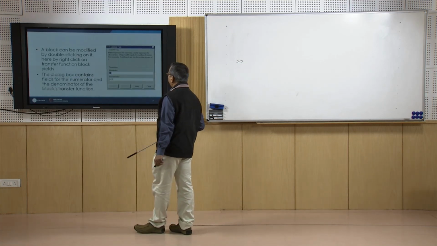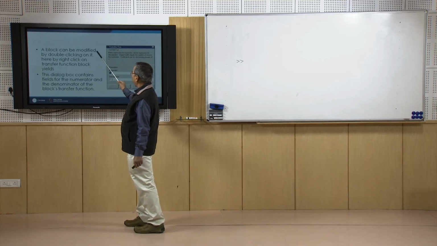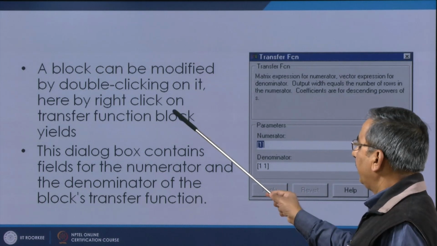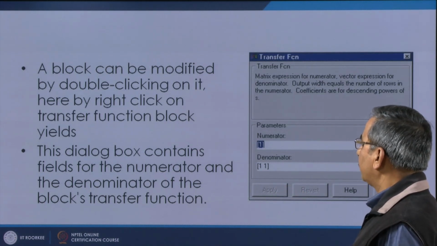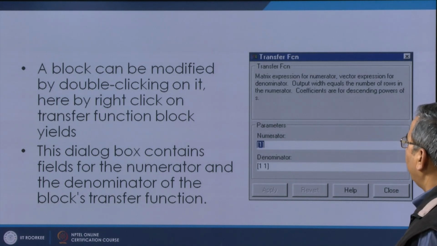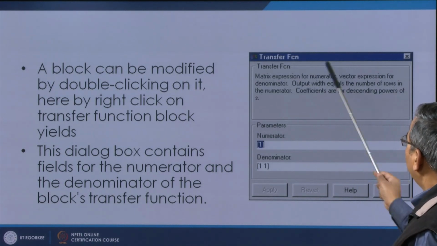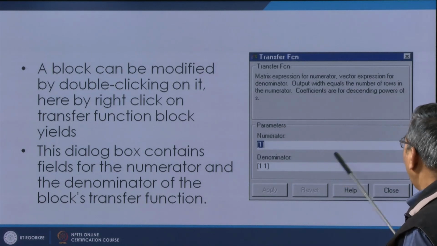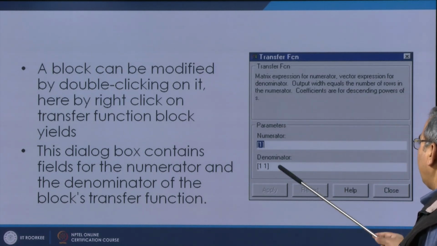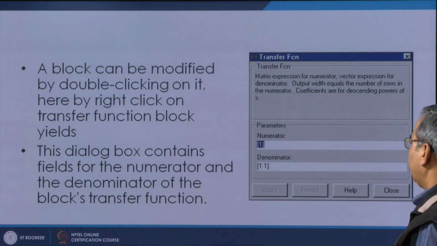Now, a block can be modified by double clicking on it. If you double click on the transfer function block, you are going to see this window where you specify the numerator and the denominator of the transfer function.